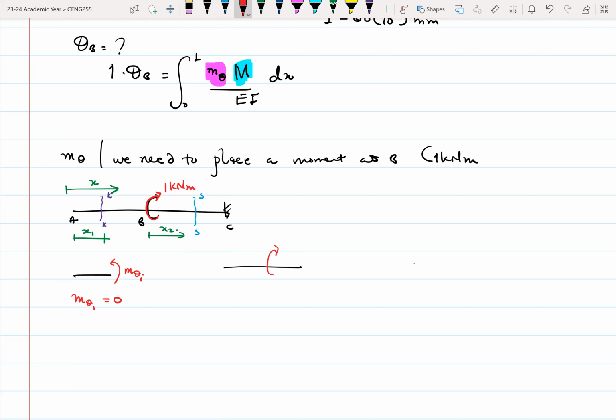And this is my 1 kilonewton load. I want to find this moment, M theta 2. And my X2 starts from here. There are different ways to do all of this, but this is one of the methods.